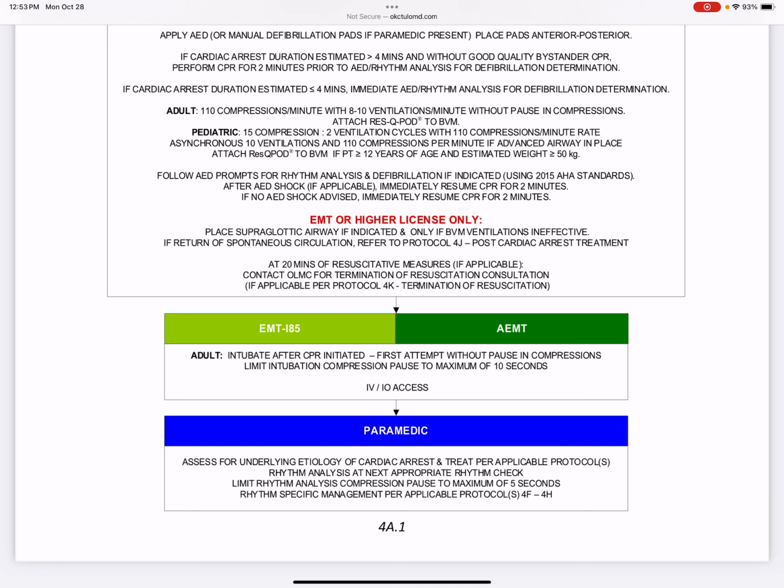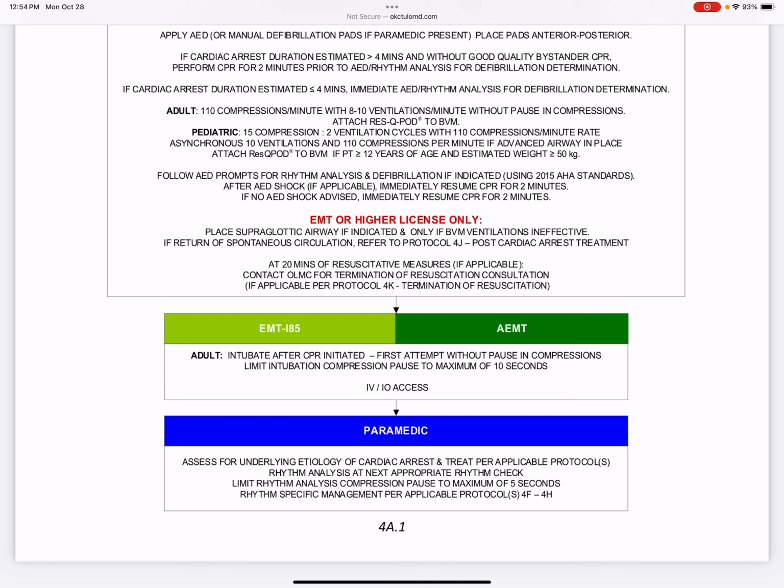For advanced or intermediates, intubate after CPR is initiated. Make your first attempt without pausing compressions, and limit the intubation compression pause to a maximum of 10 seconds. So do not wait longer than 10 seconds. For paramedics, assess for underlying etiology of cardiac arrest, treat per applicable protocols, and do rhythm analysis at the next appropriate rhythm check, limiting the rhythm analysis compression pause to a maximum of 5 seconds.